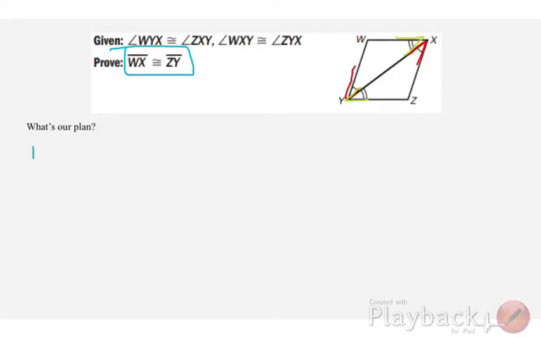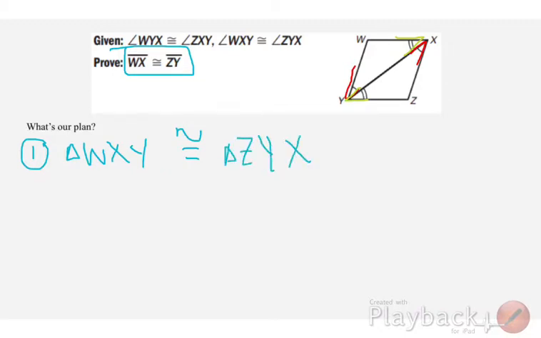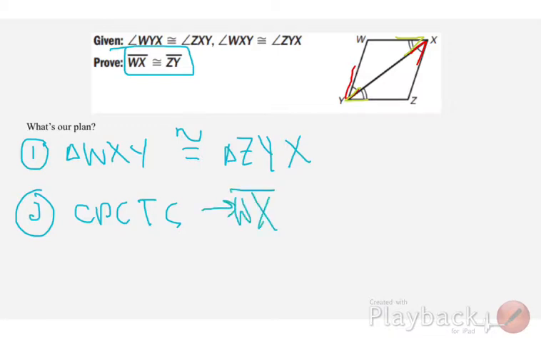The first thing that we want to do is prove that the triangles are congruent. So prove that WXY is congruent to triangle ZYX. Once we do that, then we can call CPCTC, and that would let us conclude that WX, that side, is congruent to ZY.